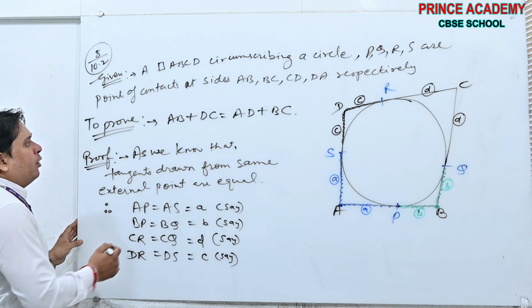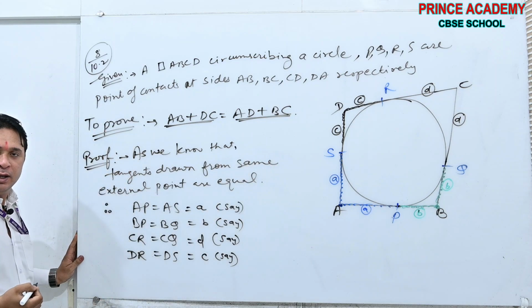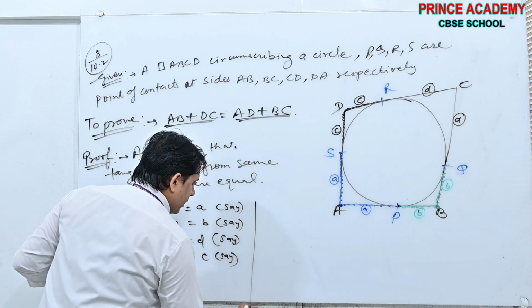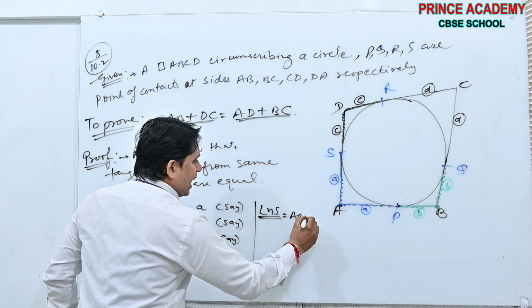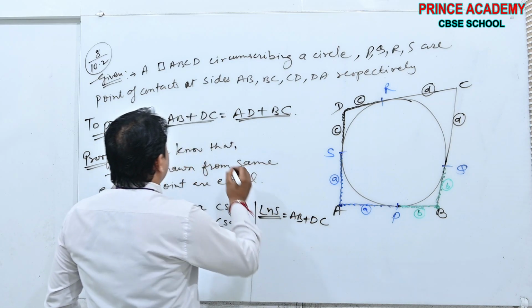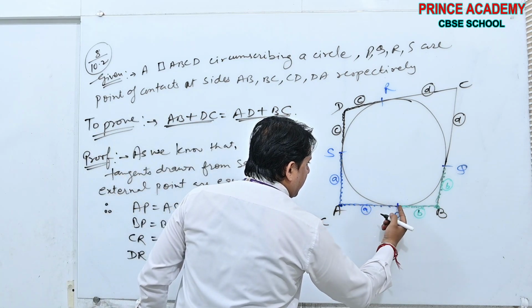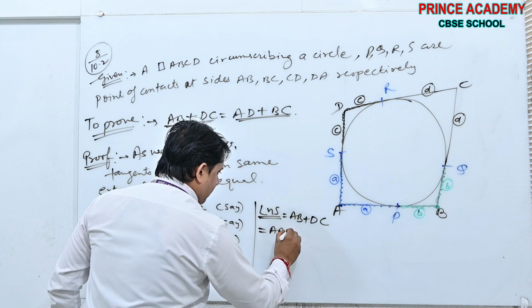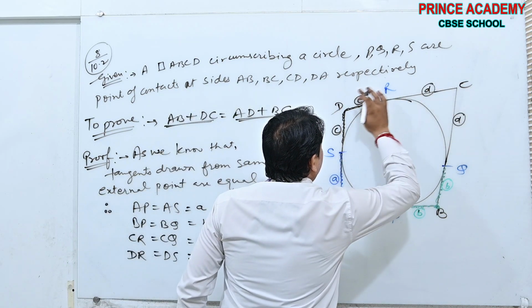Now see beta, what we have to prove? This is equal to this. Now see the left hand side. What is the left hand side? AB plus DC. What is AB? AP plus PB. What is DC?